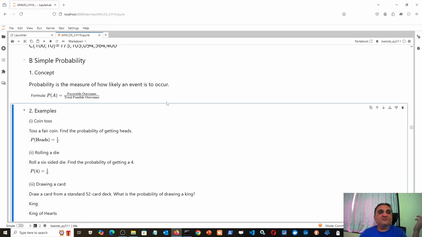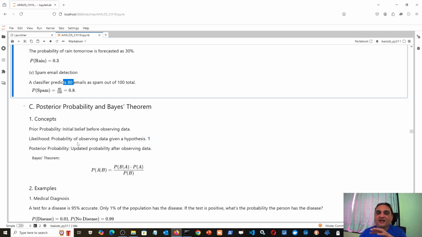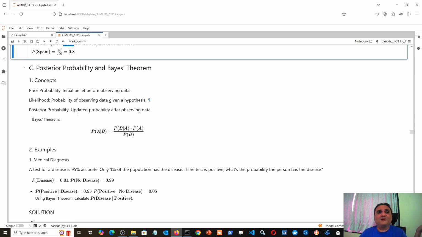So that is the definition of probability, 80 divided by 100. Or you will say that my classifier predicts emails as spam with 80% accuracy. That is, if 100 spam emails come, it would correctly detect 80 of them and put them in the spam folder, but 20 spam emails will escape and go into the inbox folder. So unnecessarily you will have to open and check them, right?